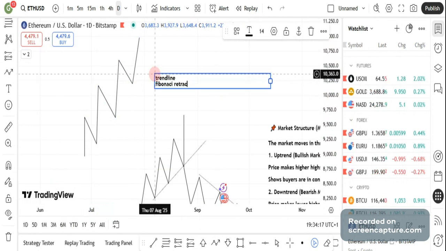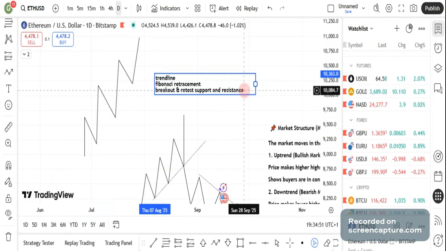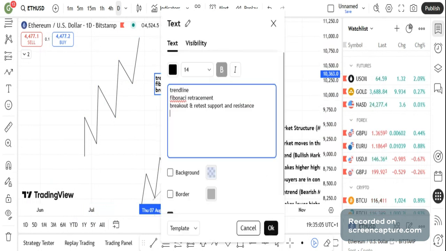Number three, we have breakout and retest, which I call support and resistance. And we have channels. We might not talk about channels today; we might talk about that later.